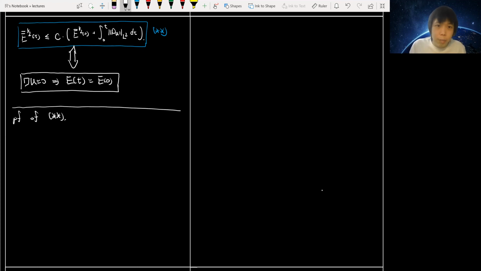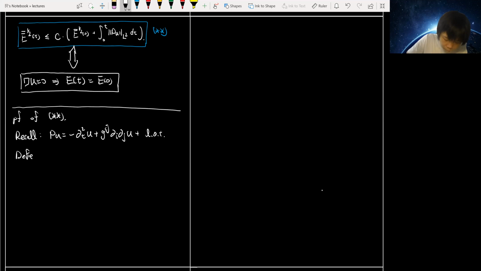First, let's write down a Lorentzian metric corresponding to this operator P. We recall that Pu is minus dt squared u plus g^{ij} di dj u plus lower order terms. So let's define g_AB to be the following form.